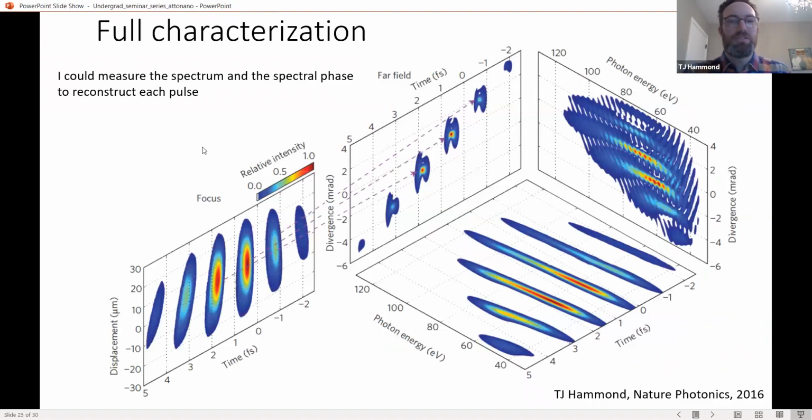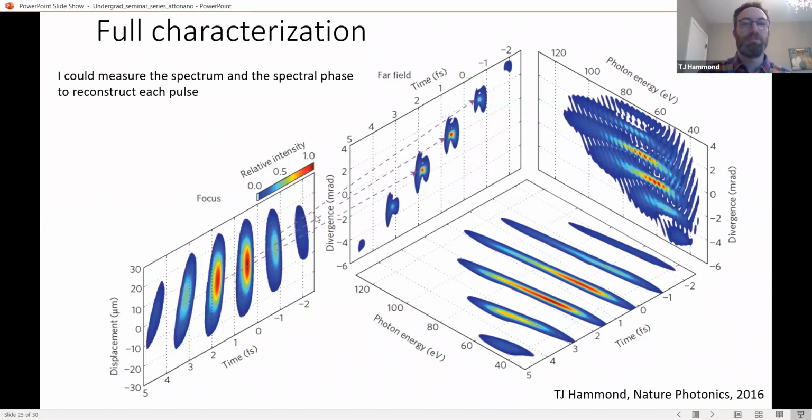This is rehashing the idea that when you're generating these pulses, you have this really fast, controlled, strong laser field that's rapidly rotating, and it's creating these attosecond bursts. When it creates these bursts, these bursts are going to follow what the wavefront looked like of that generating field.